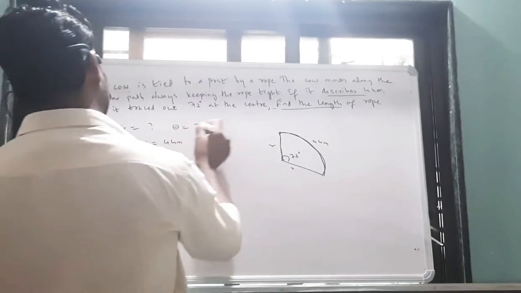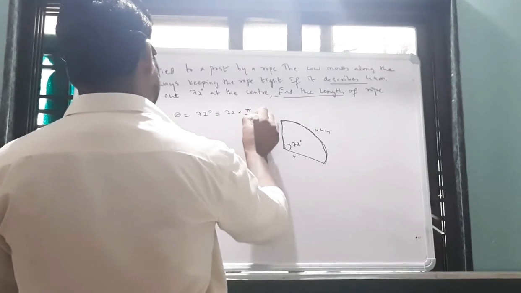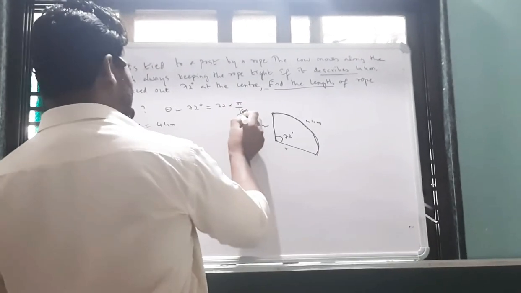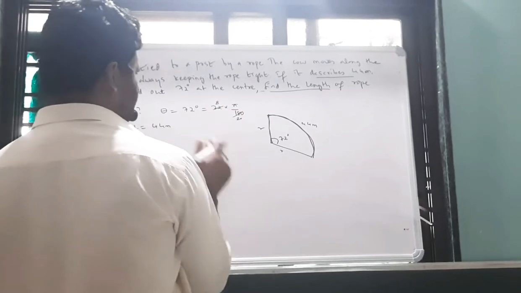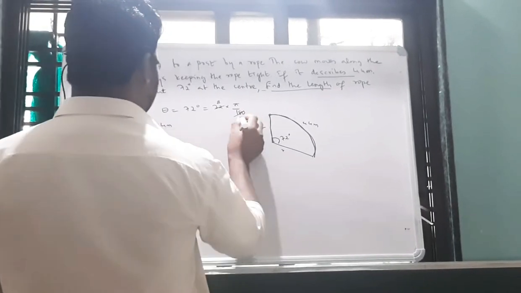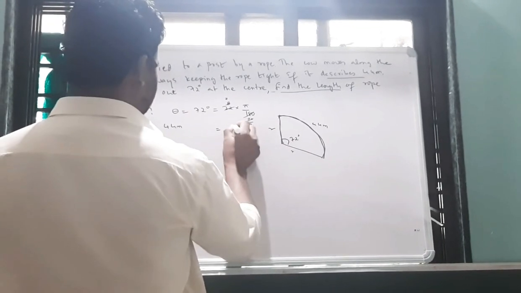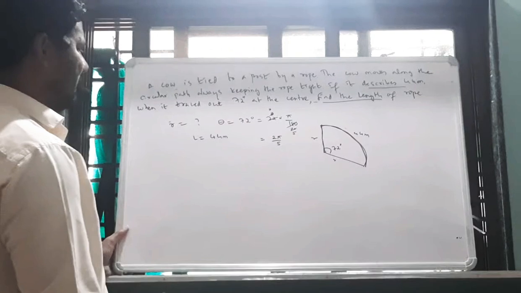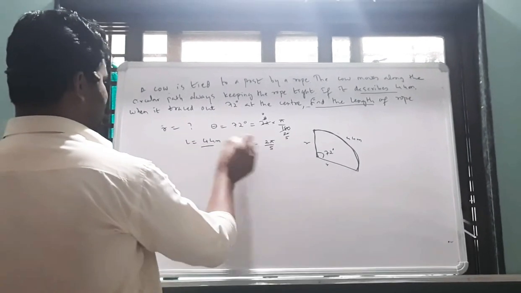Convert this into radian: 72 into pi by 180. Cancelling, it is 2 pi by 5, the angle at the center in radian. So L is given as 44 and theta is known; r we want.